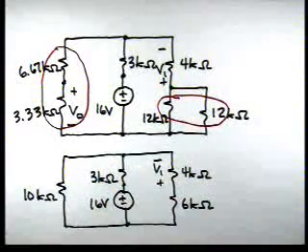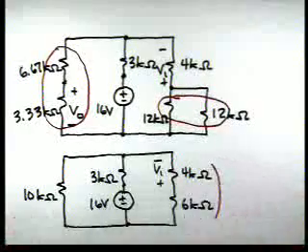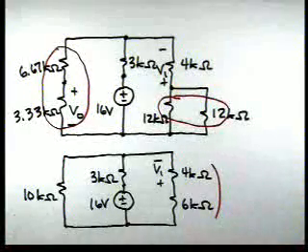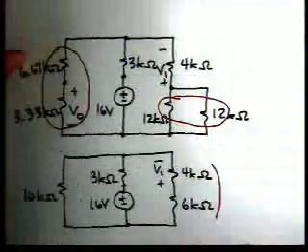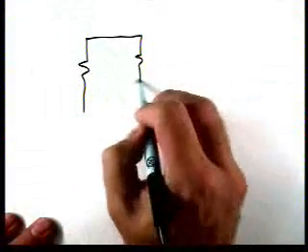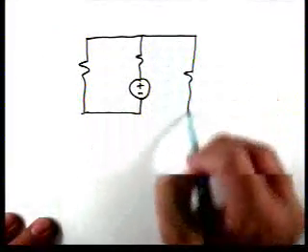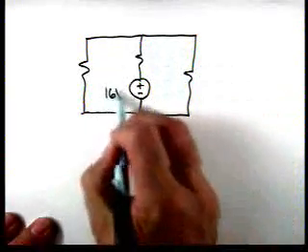So now, if we look at these two resistors, they're in series. We combine those. Let's redraw that circuit. That circuit becomes this one.